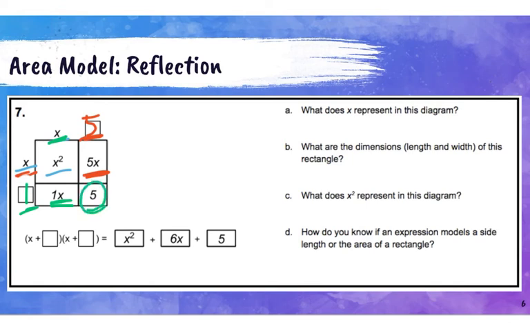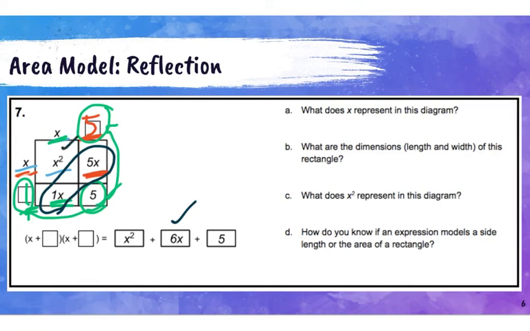So let's make sure. I go to the left, 1. I go up times 5. And 1 times 5 is 5. Excellent. Okay? And now if you notice, 1x plus 5x, they've already combined that to 6x for you.